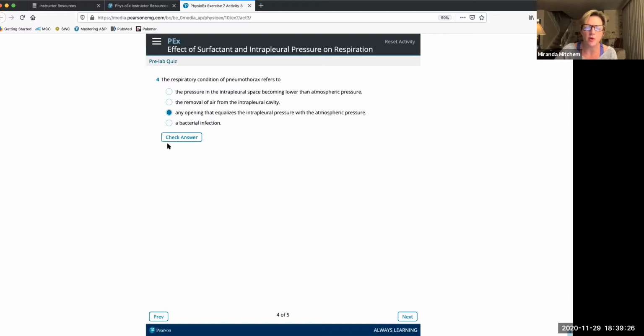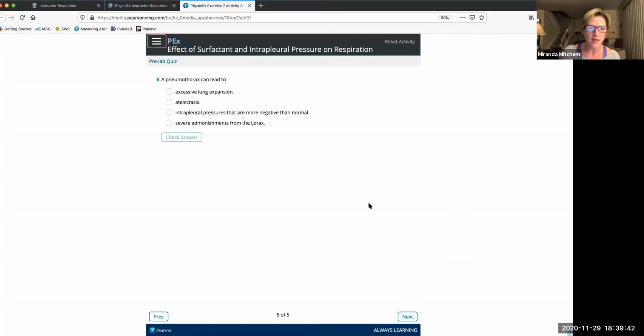Because when there's a pneumothorax, that pleural lining has been ruptured. And that is involved in those gas exchange surfaces. Yep, that's right.